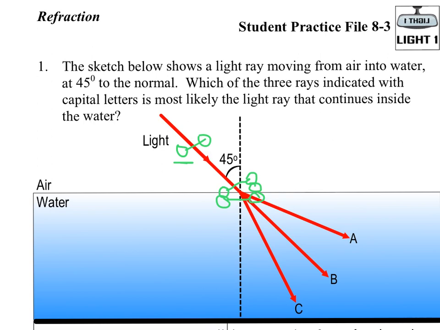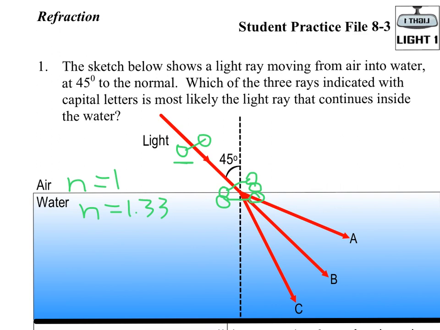Now you can either just memorize this, or you can try and use your wheels every time, but every single time we go from an index of refraction that's smaller, where air is n equals 1 and water is n equals 1.33, you're always going to bend towards the normal line and have an angle of refraction that's smaller than the angle of incidence.